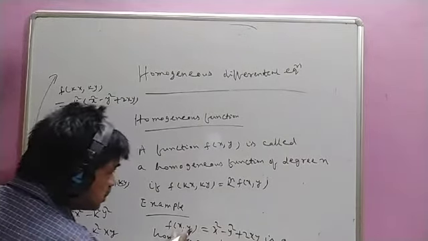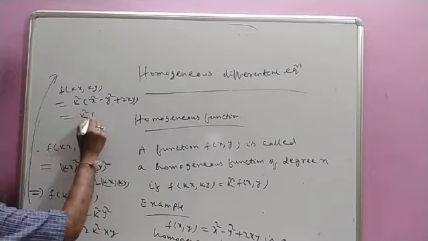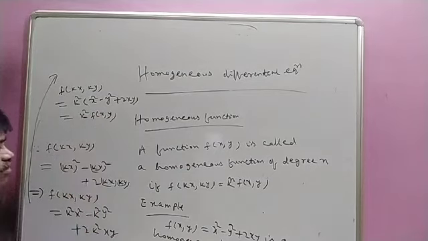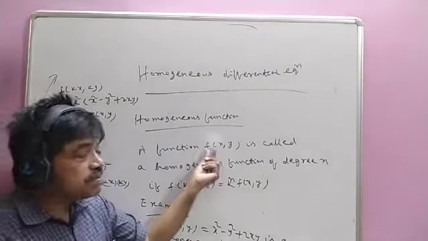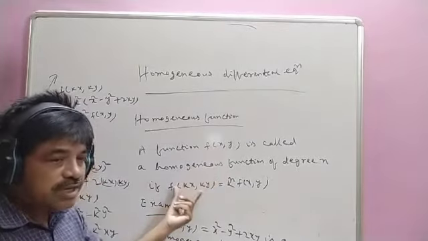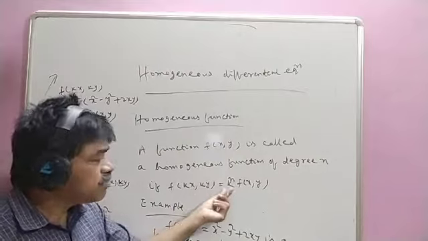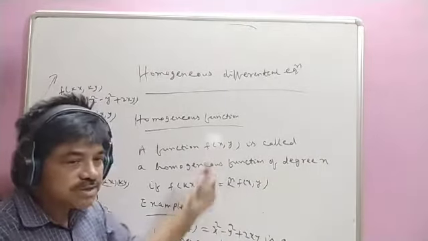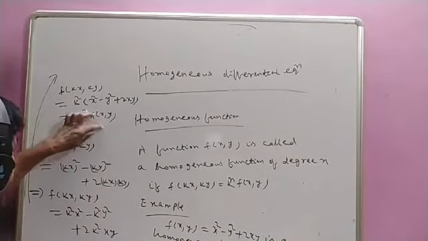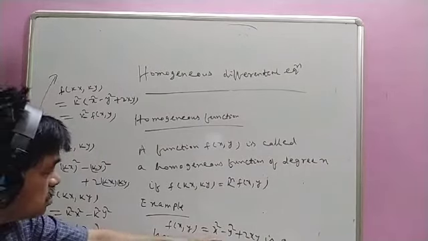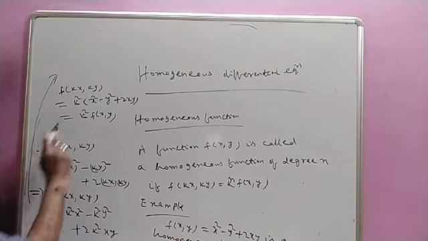That is the given function, f(x,y). So now it is k to the power 2 times f(x,y). What I have told: if you replace x by kx and y by ky, and the given function reduces to k to the power n times the given function f(x,y), here it is k to the power 2 times the given function. That's why it is a homogeneous function of degree 2.